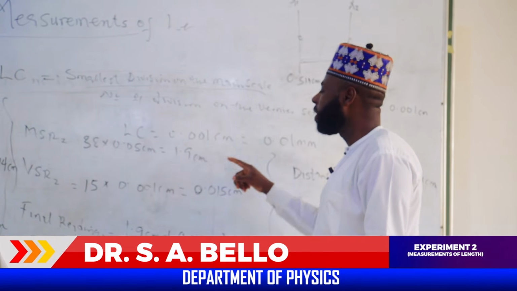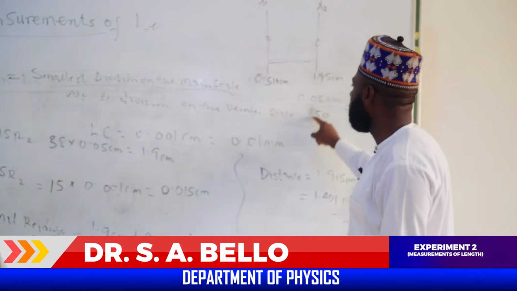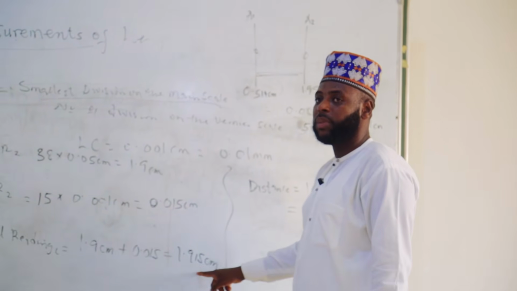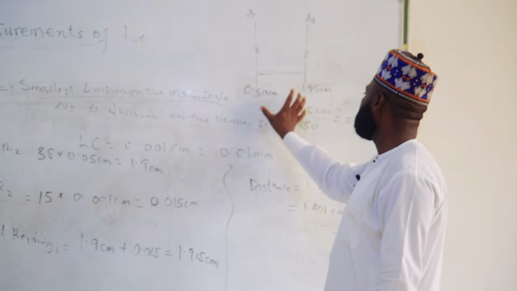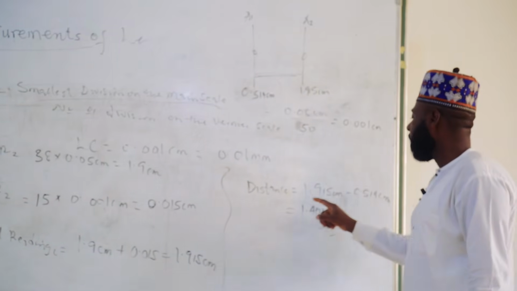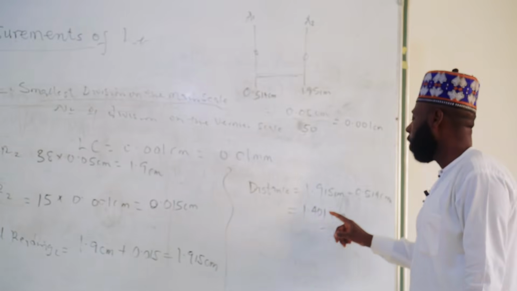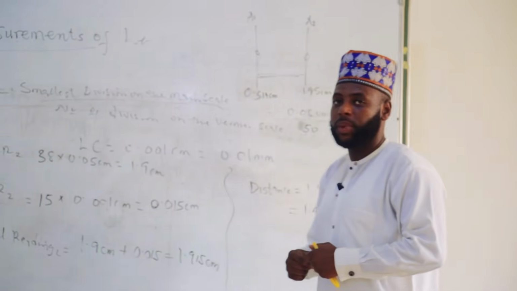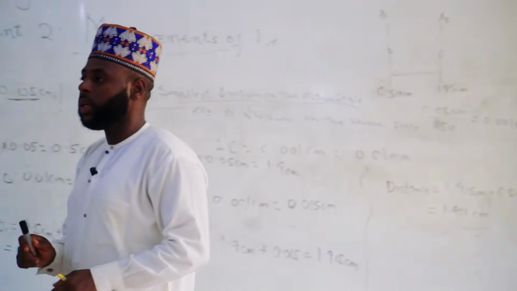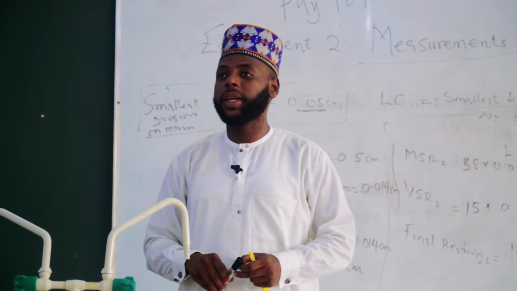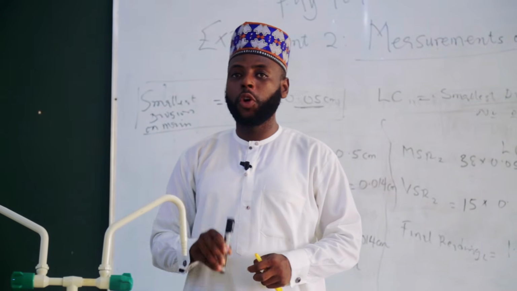The addition of this gives us the position of the second line, which is 1.915 centimeter. The difference between these positions gives us the distance between these two lines to arrive at 1.401 centimeter.